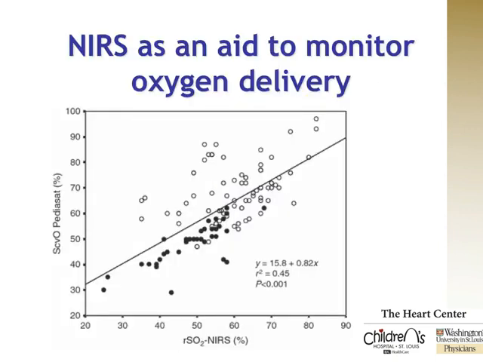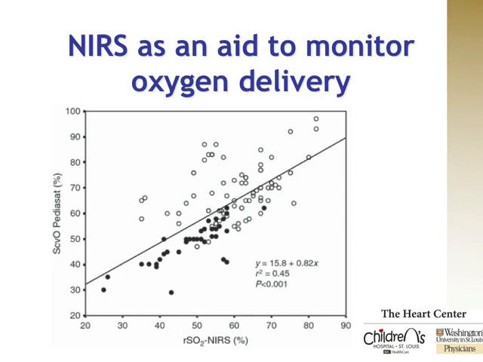And while mixed venous saturation can be measured by sampling mixed venous blood, that can become cumbersome, particularly in smaller children, and it can't be done continuously. And that's where NIRS monitoring comes in as a great adjunct in our population for monitoring mixed venous saturation.